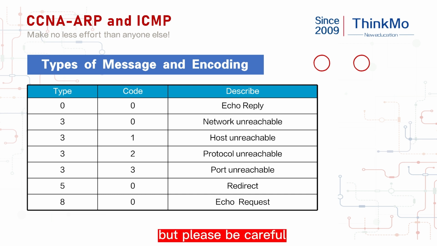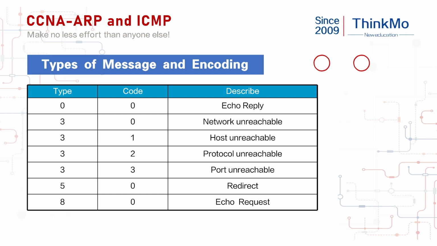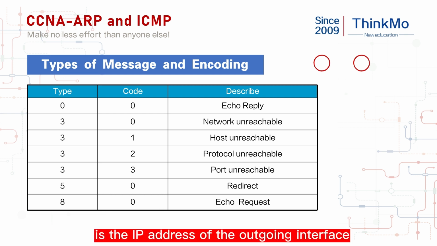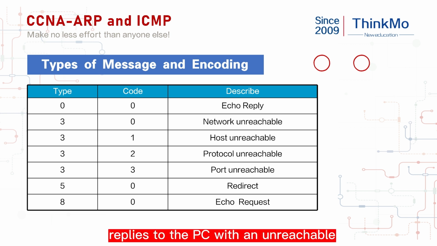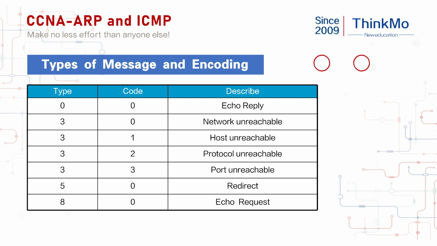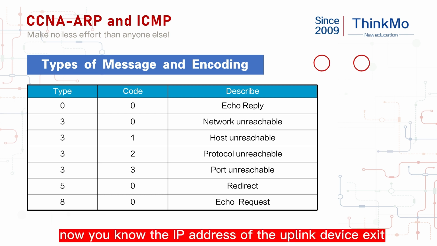But please be careful. If a message is replied, we are going to encapsulate the source IP of the third layer. The default encapsulation is the IP address of the outgoing interface. Now this interface replies to the PC with an unreachable, which is equivalent to exposing the interface IP of more private servers. Now you know the IP address of the uplink device exit.